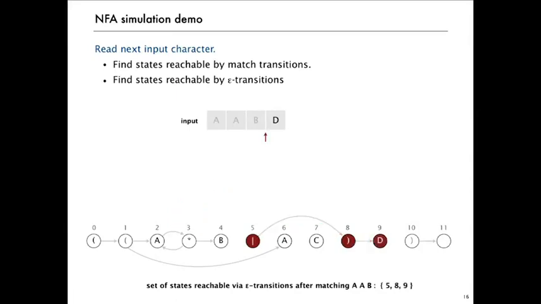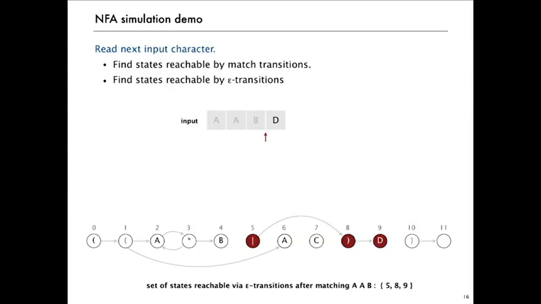So it could be in either 5, 8, or 9 after matching AAB and then following all the epsilon transitions. But it's really important to keep in mind there's no other state the machine could be in. After matching AAB, it couldn't get to state 7 or 6 or 2. Those are the only possible states it could be in. And since each time we're progressing through the input, we're making progress to the end for sure.